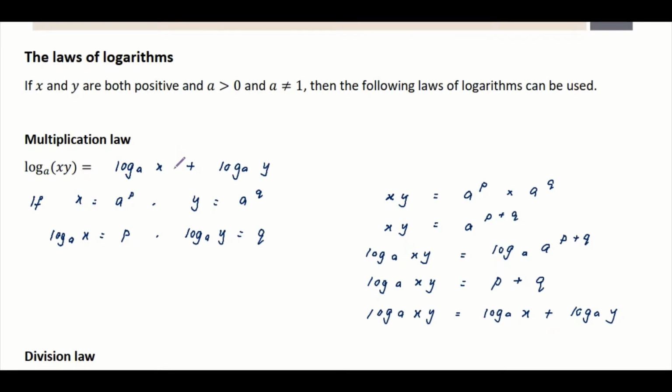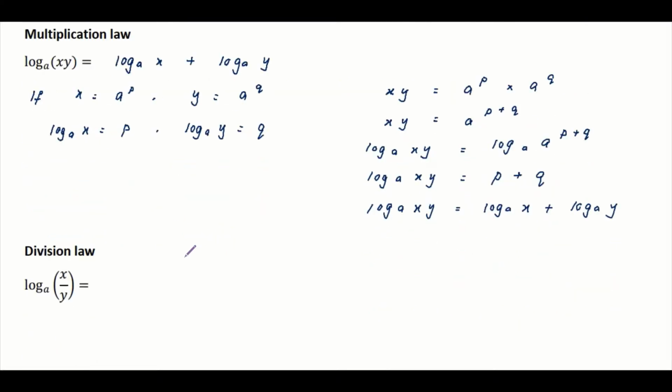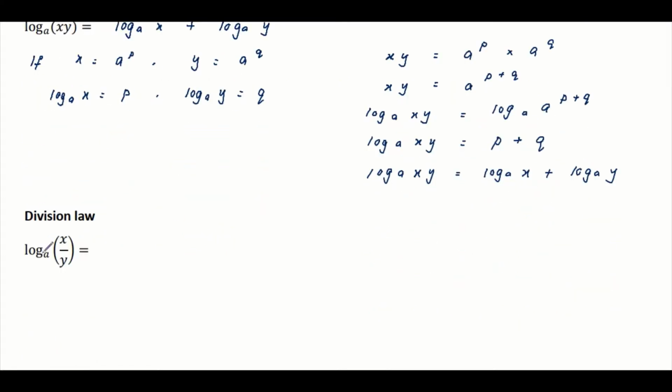Okay, all right, so now let's try to look at division. It's the same idea. Let's say my x equals a^P and my y equals a^Q. Let's try to change it into log first.